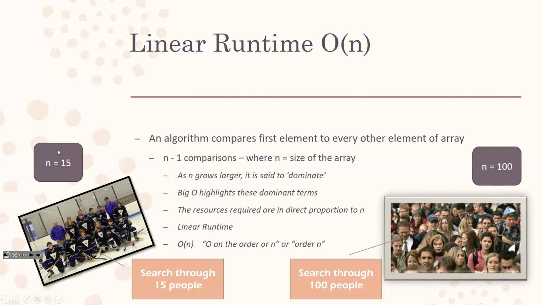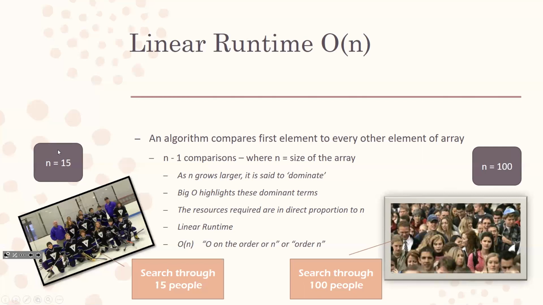So over here, if I'm going to search through these people for Abe, I'm going to search through 14 people, right? The first one I'm already going to be checking. That's why they do n-1. So I'm going to be searching that degree of individuals.